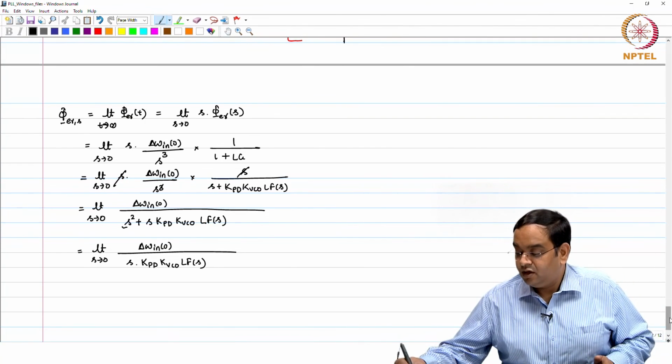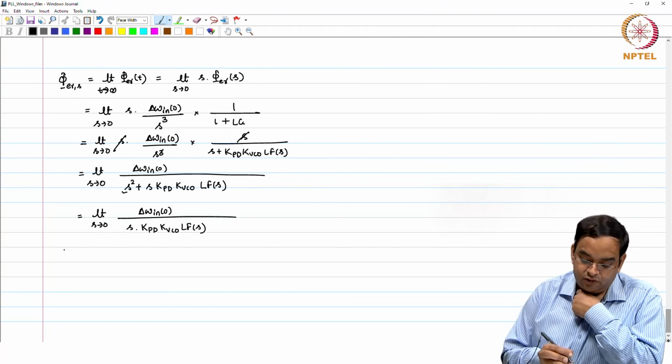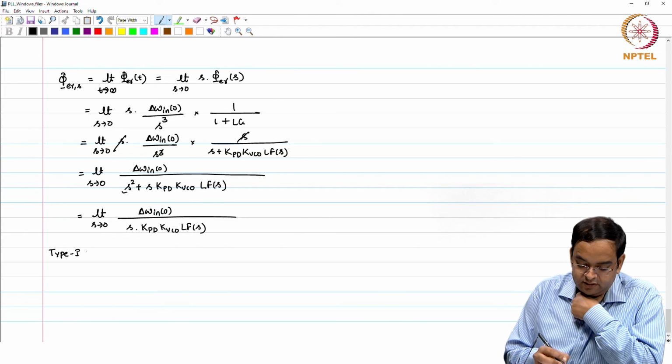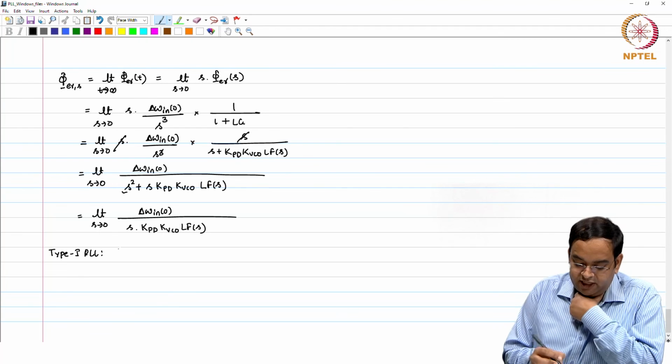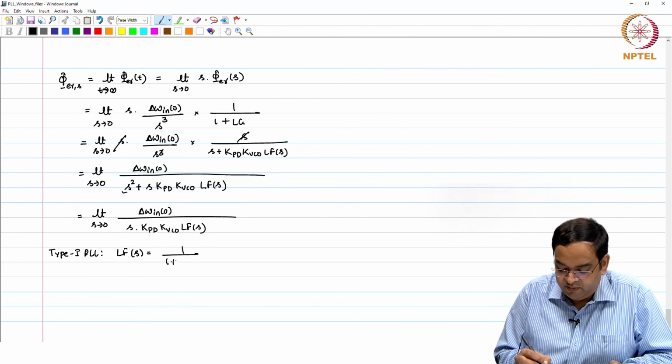So, for the frequency ramp, what you see is that it depends on the value of the loop filter at S equal to 0. For a type 1 PLL, loop filter of S is equal to 1 by 1 plus S tau 1.